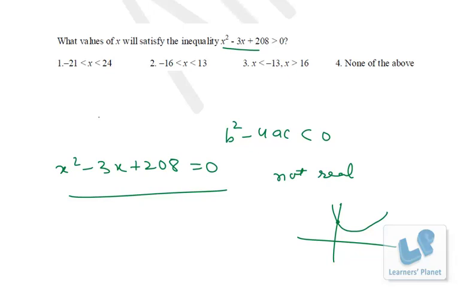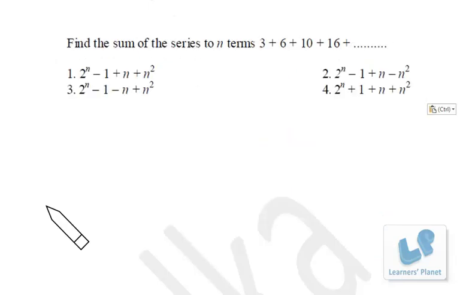So it really doesn't matter what value of x you take, it can be any. I hope this is clear. So the answer to this question is none of the above. For all values of x, the expression x square minus 3x plus 208 will be greater than 0. Once again, we have a problem where we have to find out the sum of the series to n terms.